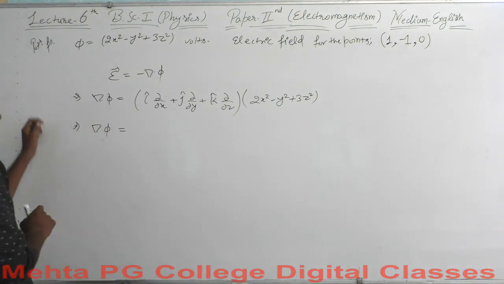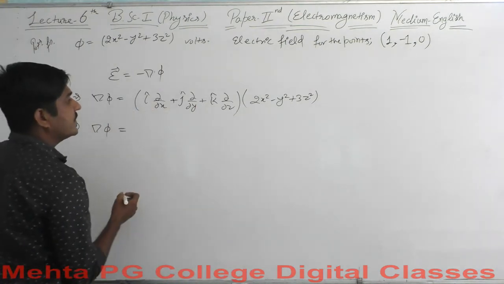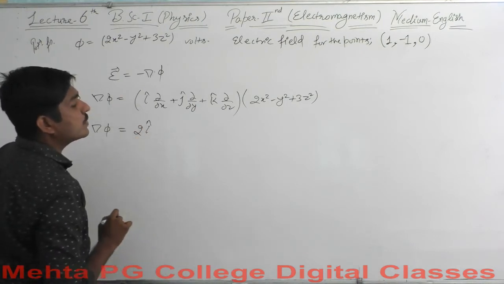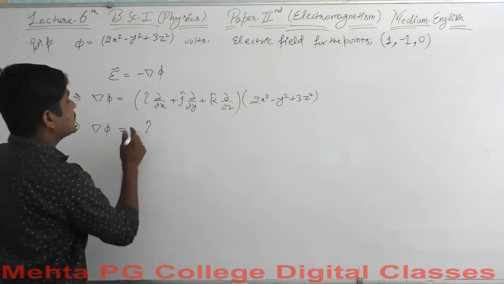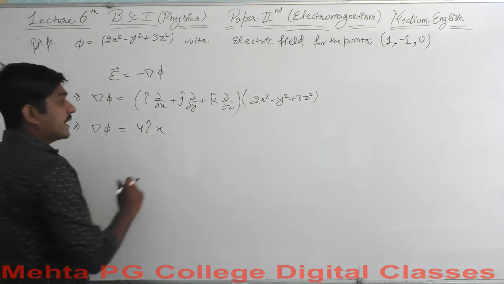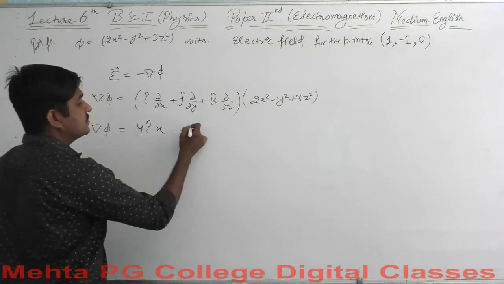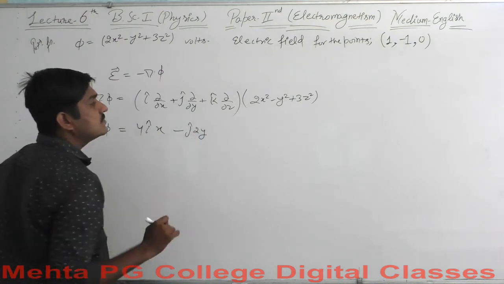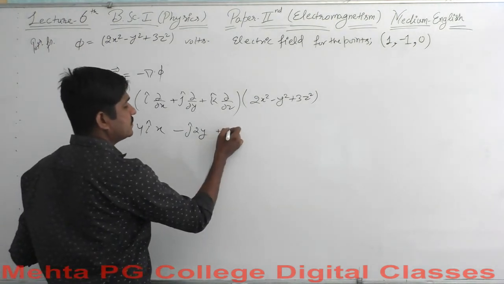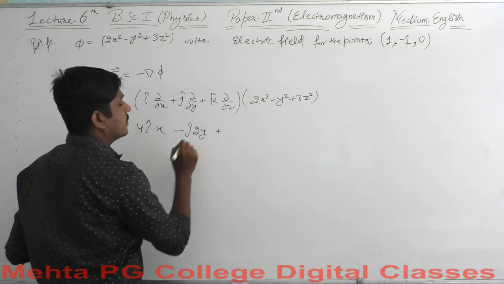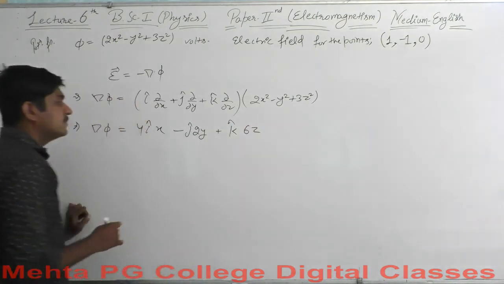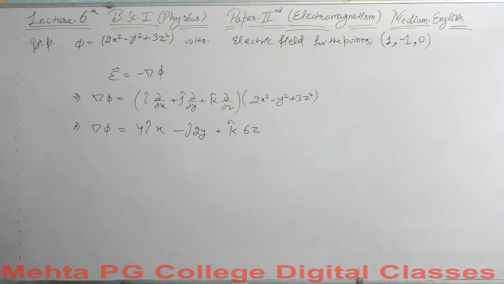So, del phi will equal, differentiating all those terms, i cap as it is, again 2, and 2 into 2 is 4x, yes, that will be the 4x, minus j cap 2y, plus k cap, 3 into 2 is 6z. So, this will be the gradient of phi, and we will put all these values.